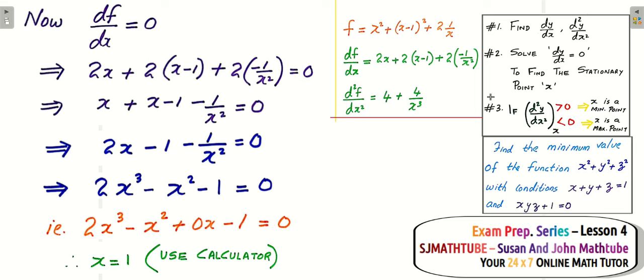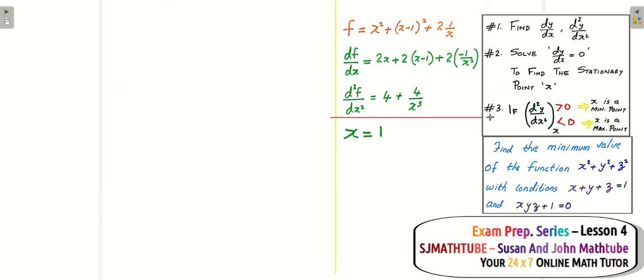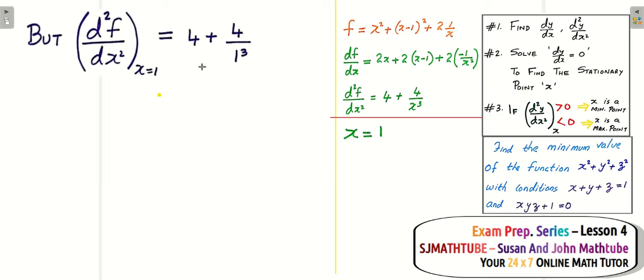So we have completed step number 2. Now look at this. We know that x equal to 1 corresponds to maximum or minimum. It's an extreme point. Now to find it, we go for step number 3. So look at this. I have kept the first order derivative, second order derivative, and our hero, the point in the middle of the screen.